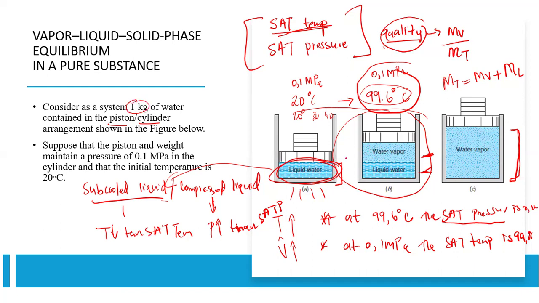So let's say the mass of water vapor is 0.3 kg, and therefore the liquid will be 0.7 kg, right? So 0.3 kg refers to the mass of water vapor, and 0.7 kg refers to the mass of the liquid. So when we talk about the quality of water vapor at this point, it is going to be 0.3, or you can say 30%.